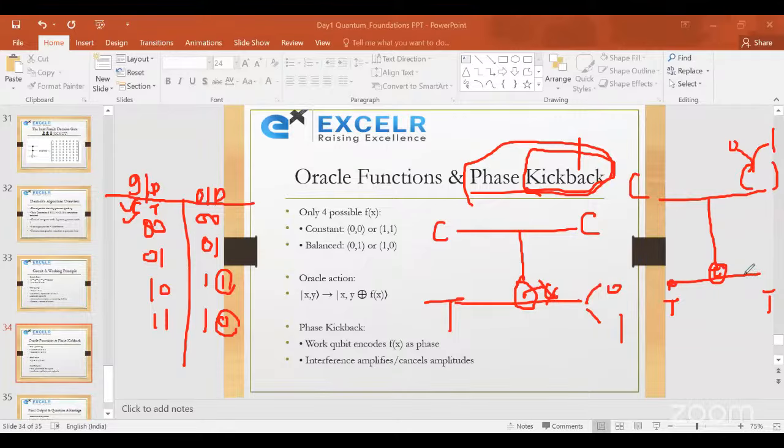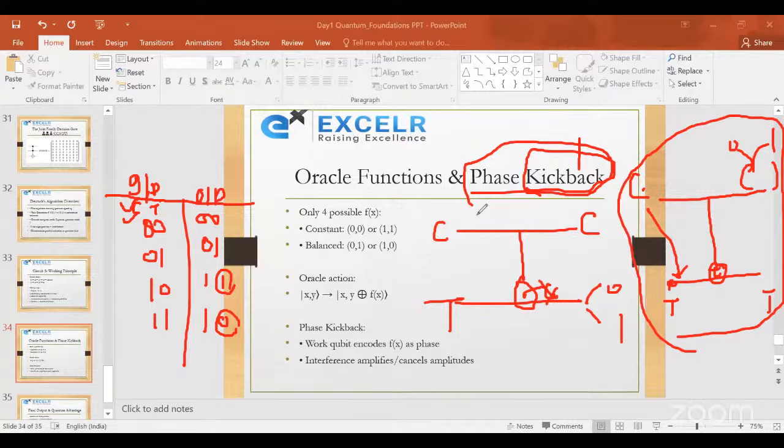The target will remain as it is, the value of control will change, and this value of control depends on the target. This is a completely opposite condition. If anyhow this gate can work like this, then this working will be called phase kickback working.